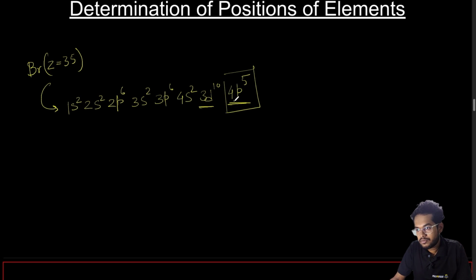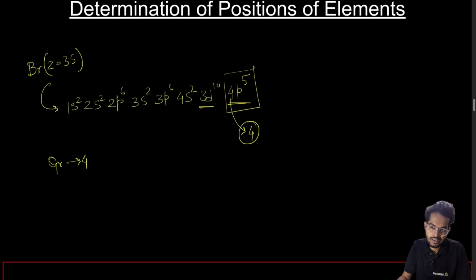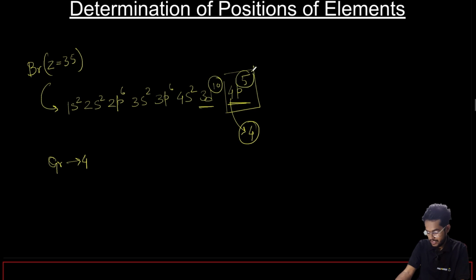As you can see, your principal quantum number here is 4, so it will be in period 4. You get one clue. The second one is its group. For the group, as you can see, you have 10 plus 5, so you have 15.